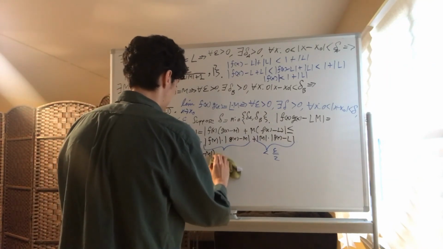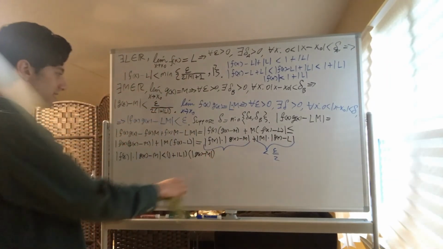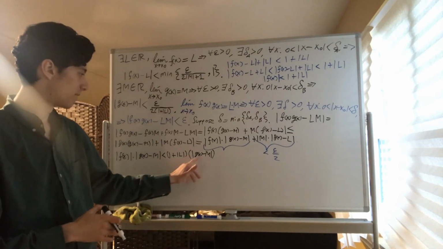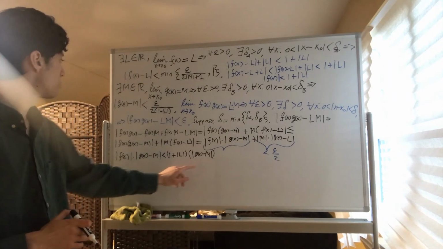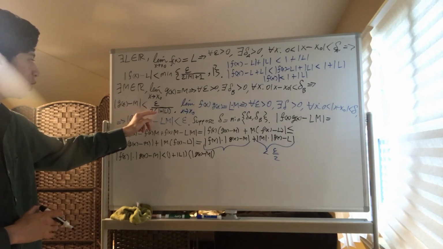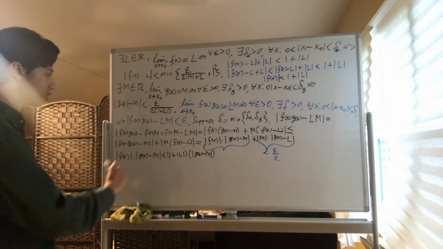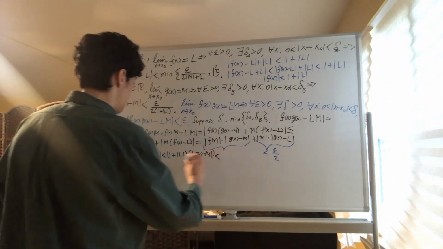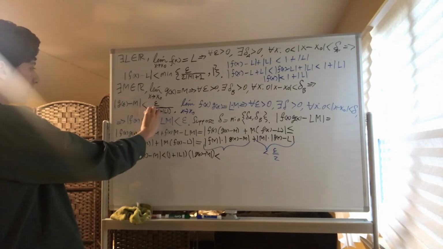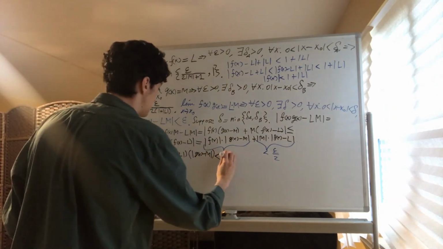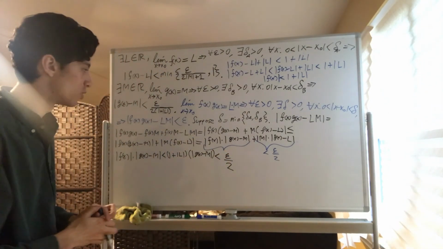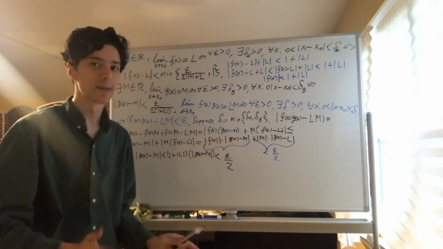And I'll erase this because we haven't quite shown that that's less than epsilon over 2 just yet. So we know that the absolute value of g of x minus m is always less than epsilon over 2 times 1 plus the absolute value of L. So this is less than 1 plus the absolute value of L times epsilon over 2 times 1 plus the absolute value of L. So this is less than epsilon over 2. So therefore, we have shown that this first term is less than epsilon over 2.